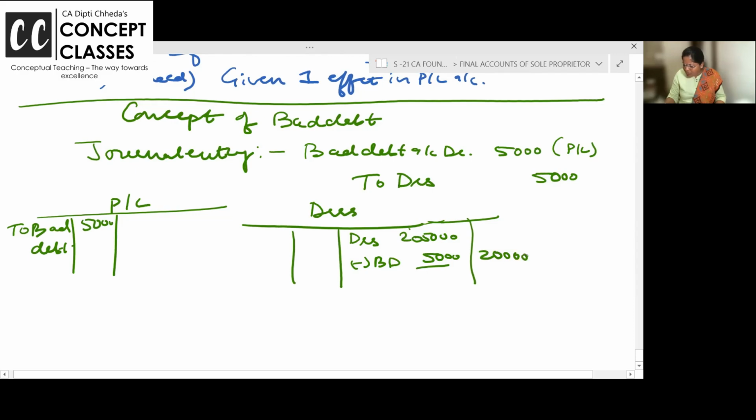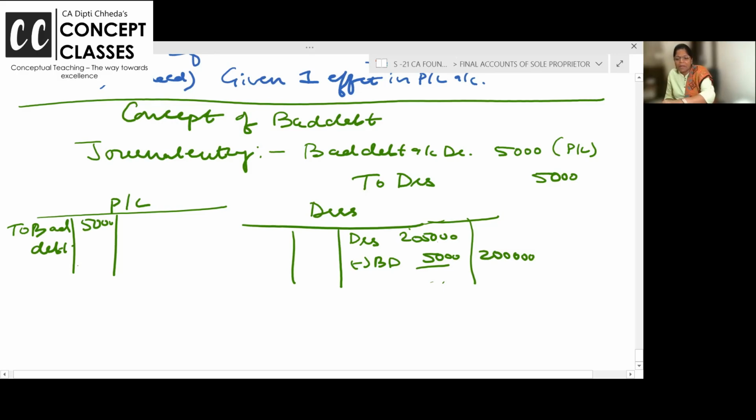So now your good debtors, which you are going to receive, are 2 lakhs. Easy or not? Bad debt is a permanent loss; you are not going to receive it. So debtors credit and P&L debit. Reduce it from debtors and debit the P&L. Now show the correct debtors figure in the balance sheet, 2 lakh rupees.